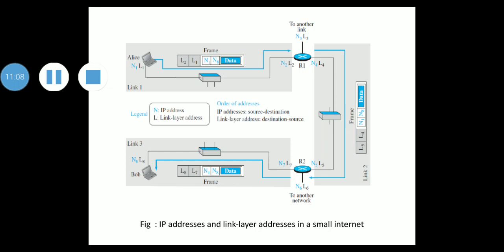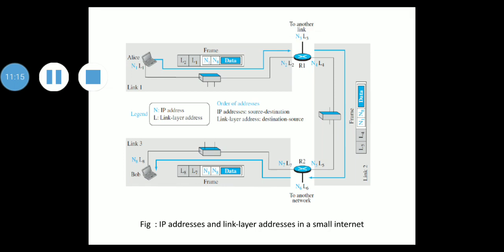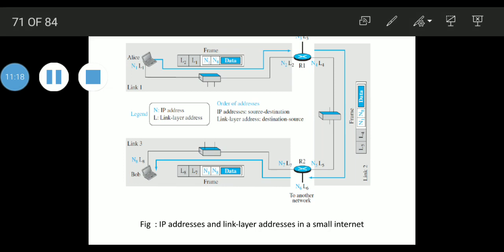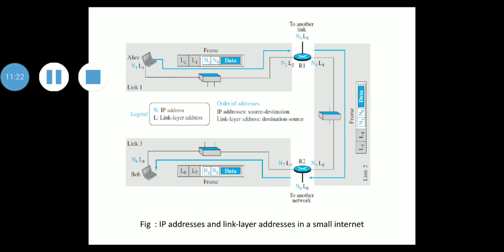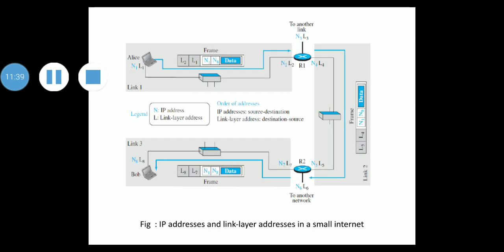So N1 and N8 represent the source and destination address, and these will remain the same in each frame.